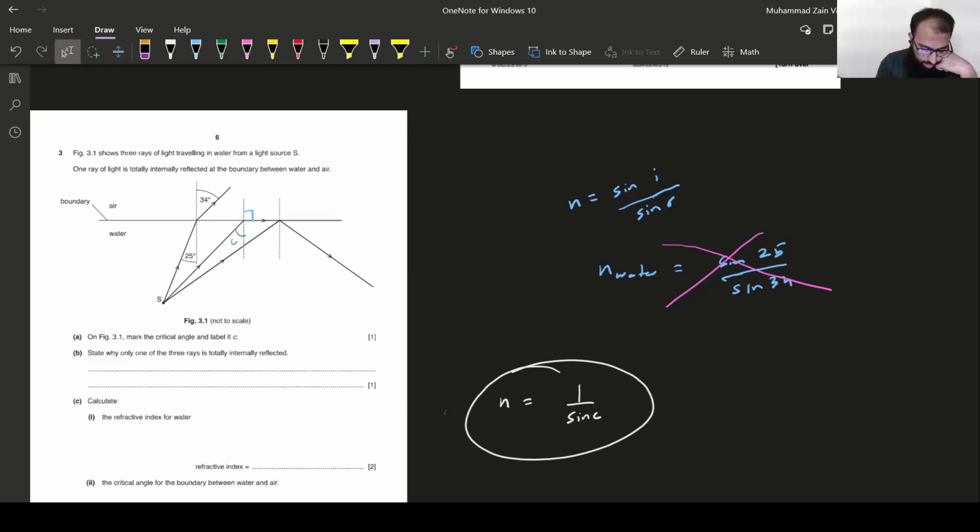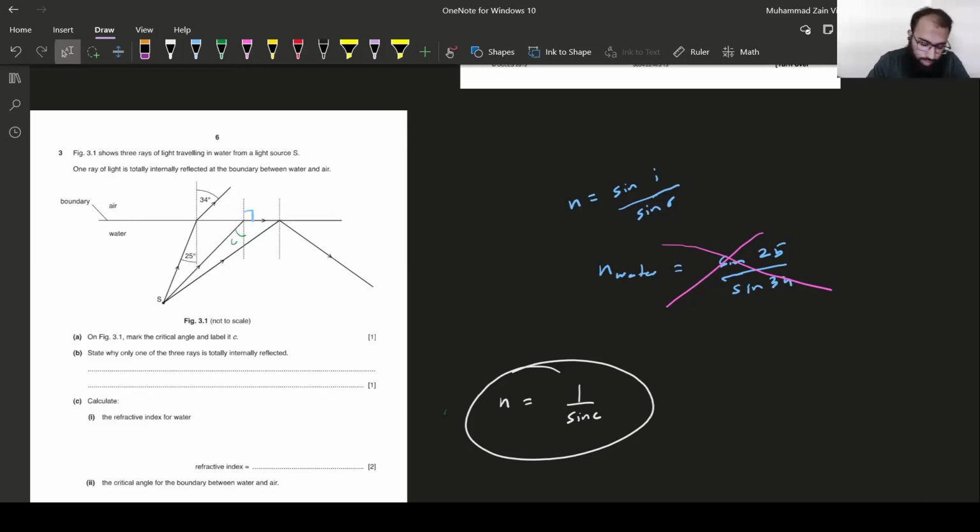So if I need to find the refractive index of water, the angle of incidence must not be in water. The angle of refraction should be in water. The angle of incidence should be in air or whatever other medium there was.